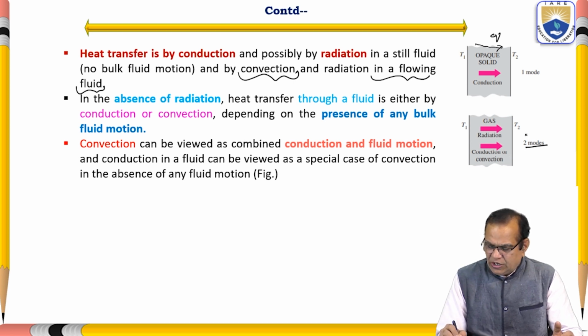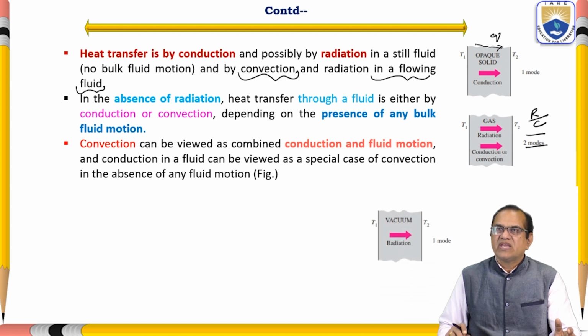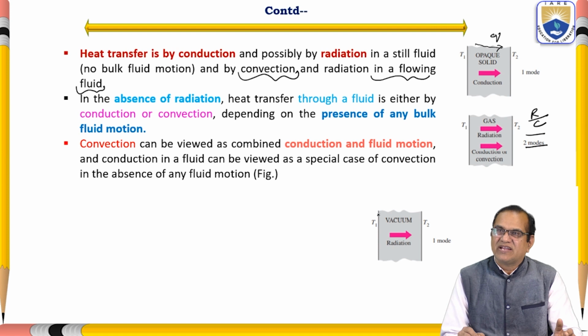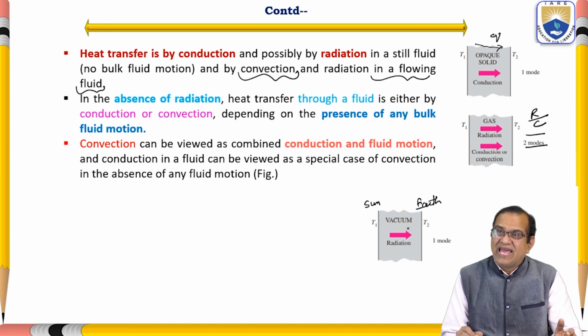So here we have two modes: one is radiation and another is conduction or convection. Another one is here, if it is a vacuum, only radiation will be there, like here you have the sun and here you have the earth. Earth temperature is T2 and sun is T1, and there is a vacuum, so only radiation will take place. So all these three cases, one mode, two modes and another one mode, can happen.